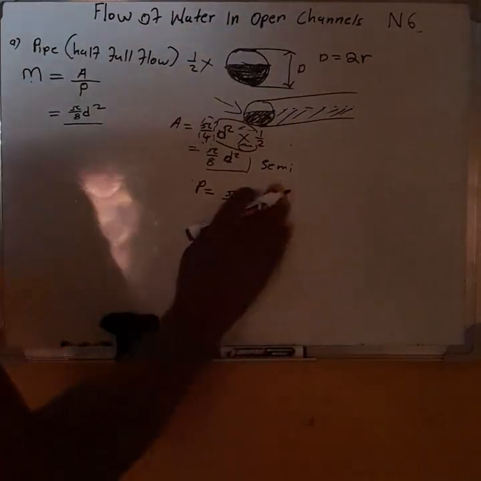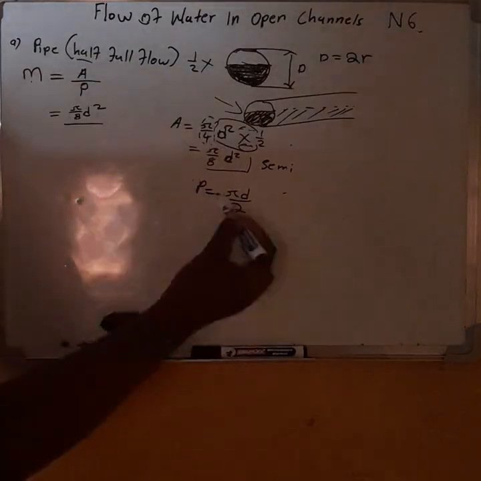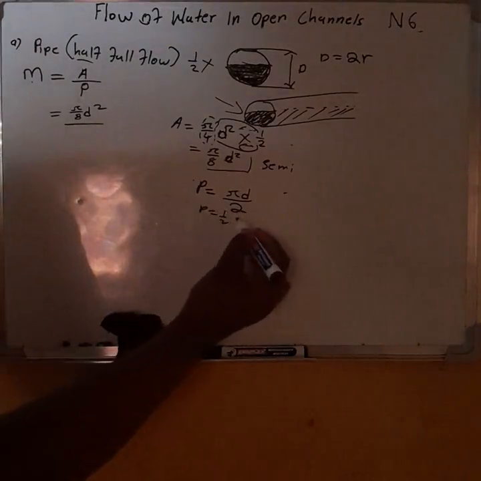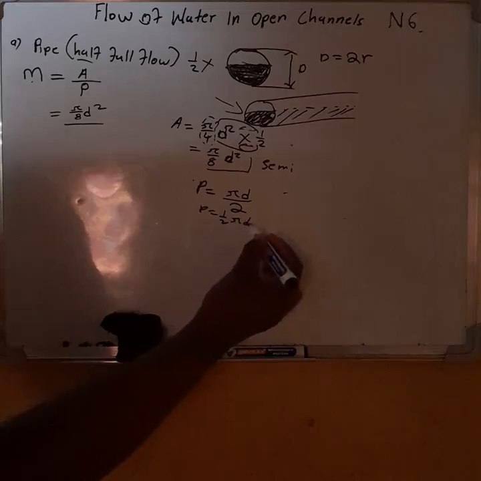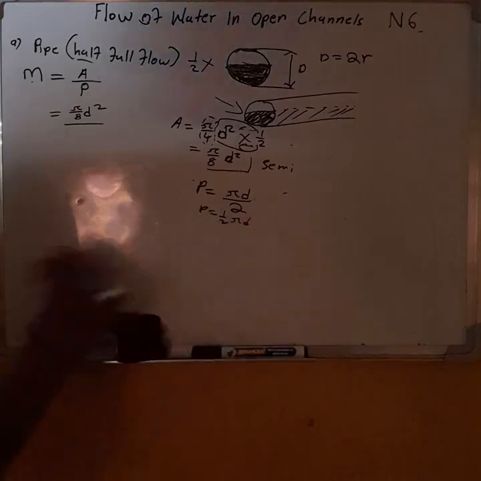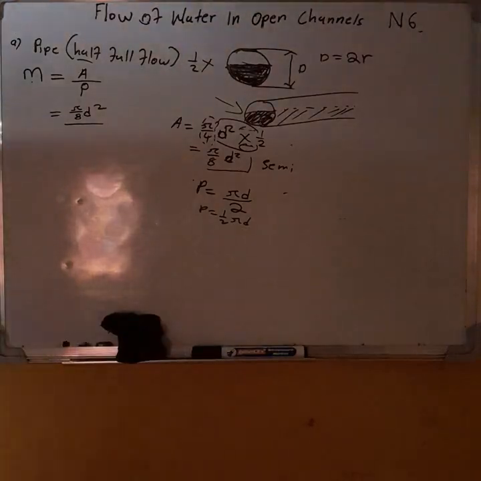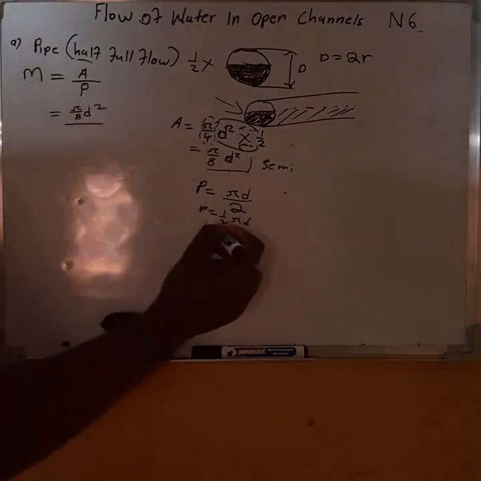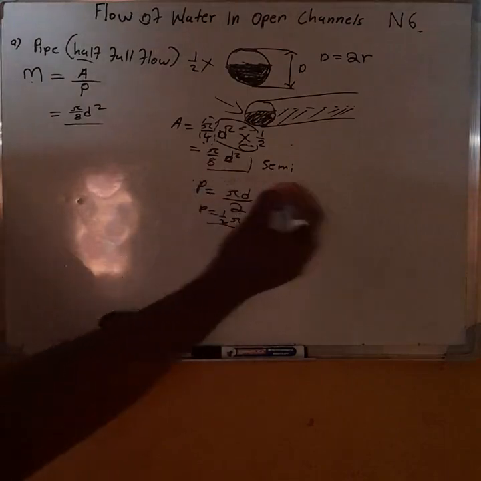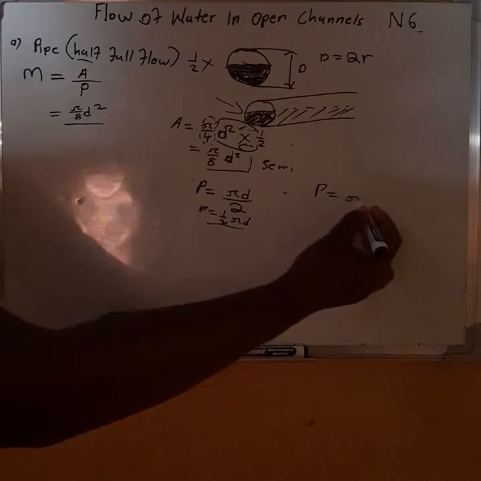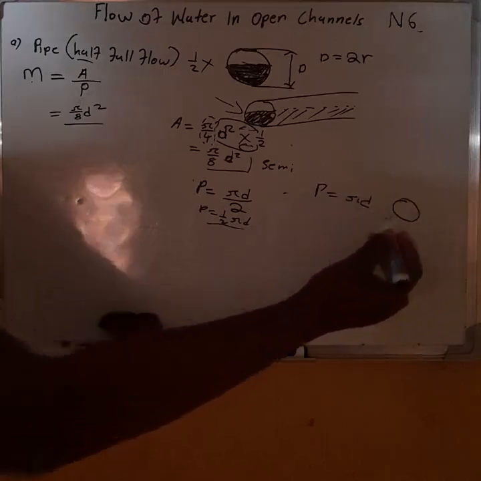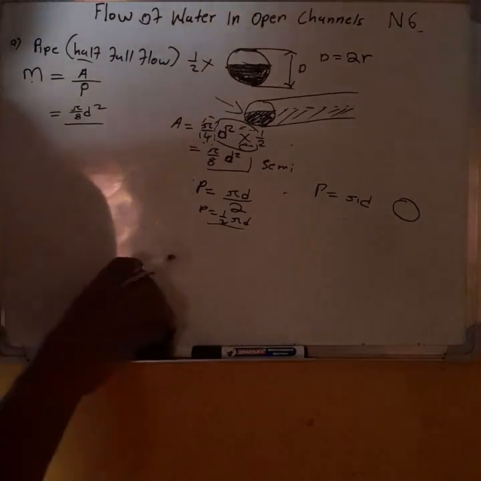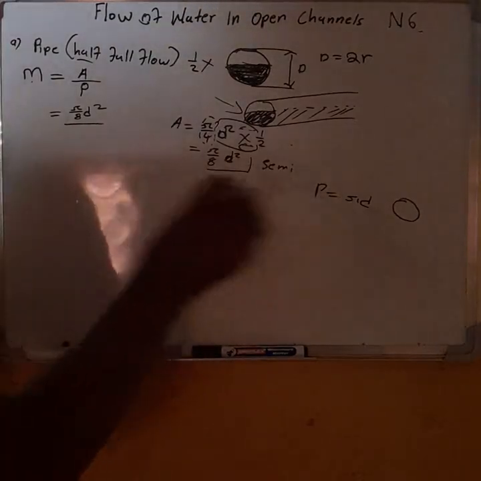So the perimeter is 1/2 pi d. This is half the perimeter of this thing, but for the full circle it is pi d. This is mathematics, right? Okay.